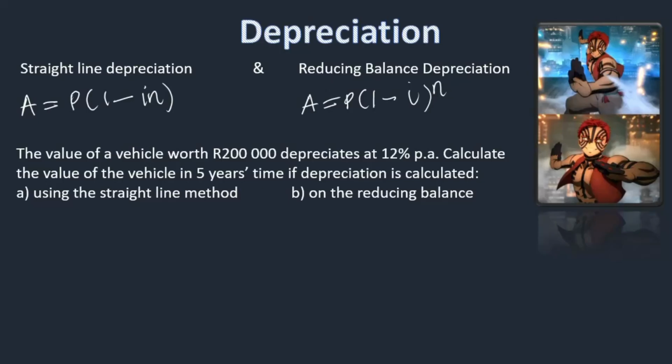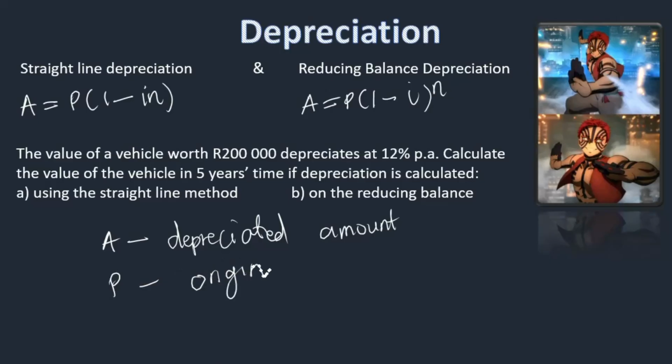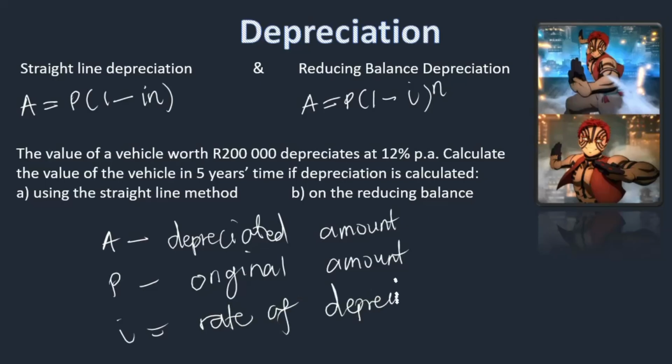And now to go through the items, number one, the A here will represent the depreciated amount, and then P, it will represent the original amount or the principal amount, and then of course I will represent the rate of depreciation, and then N in this case will represent the number of periods.